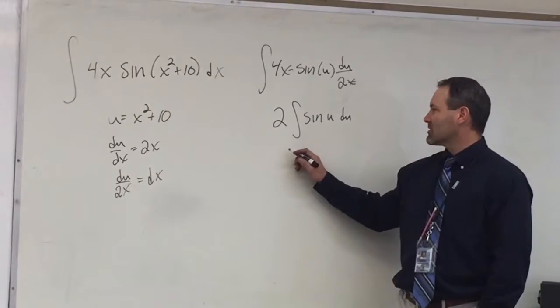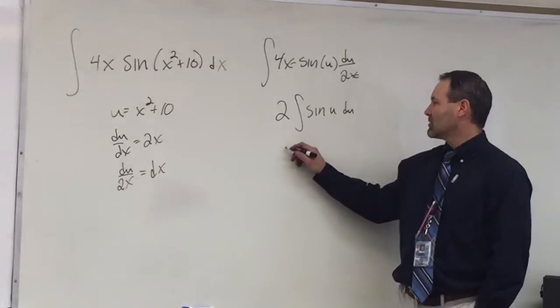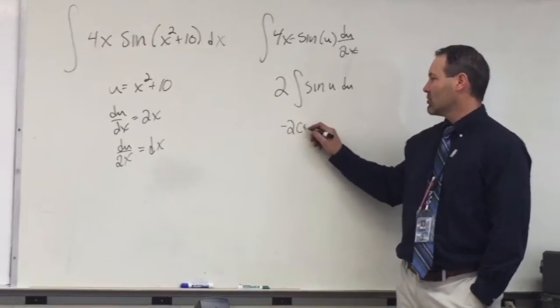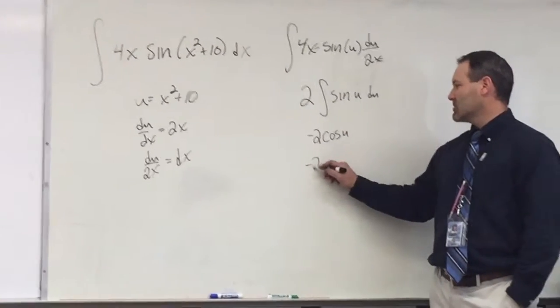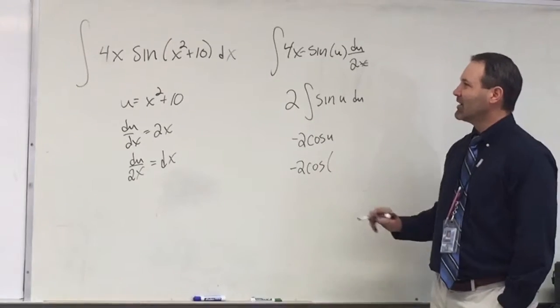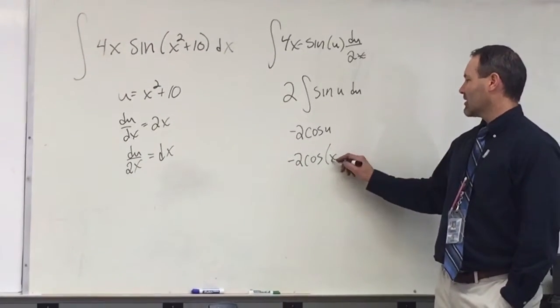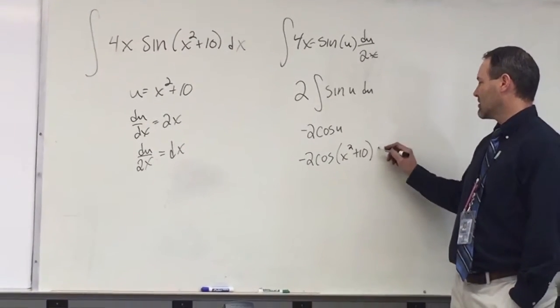So that is negative 2 cosine of u. So negative 2 cosine of x squared plus 10, plus c.